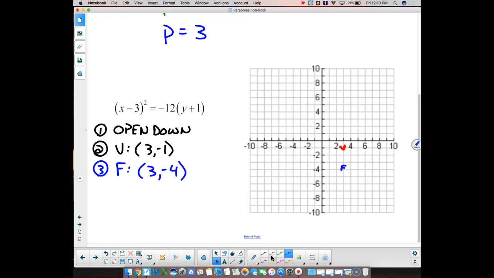Because p is 3, that means that my directrix is up 3 from my vertex. That's the line y equals 2. Agree?